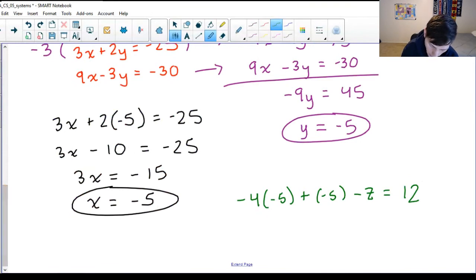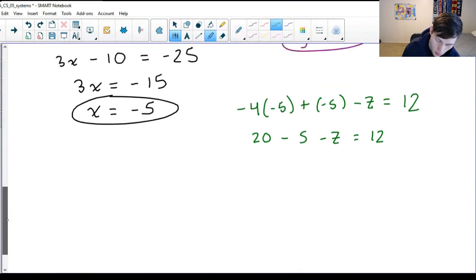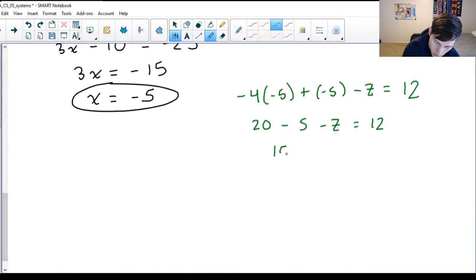So, some quick calculations. Negative 4 times negative 5 is 20. Plus negative 5, so that's the same thing as saying minus 5 minus z equals 12. 20 minus 5 is 15.